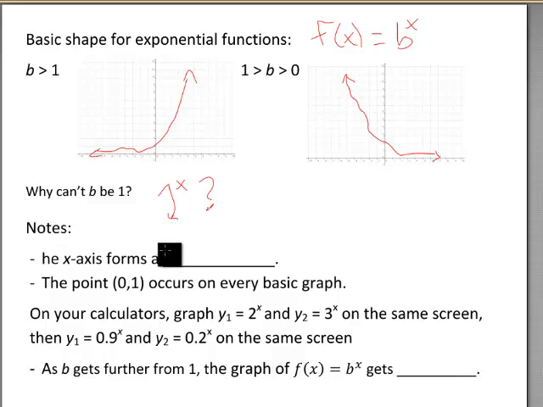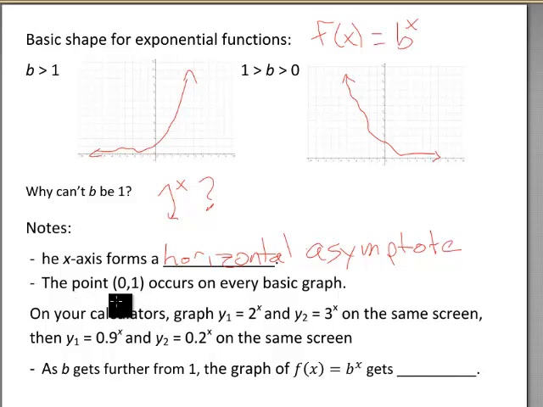Well, the x-axis forms what we call a horizontal asymptote. It's a really fun word, asymptote. Basically that's just a horizontal line that the graph gets closer and closer to without ever actually reaching.